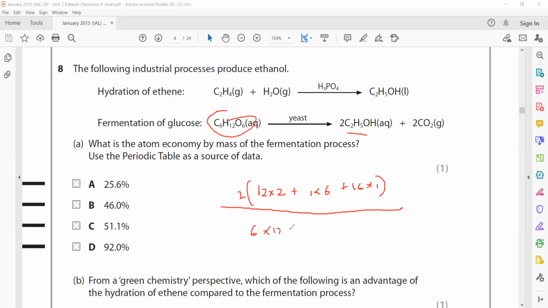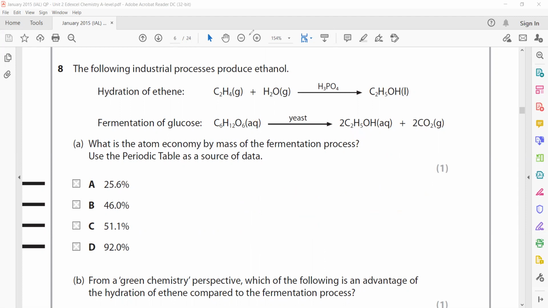So 6 multiplied by 12 plus 1 multiplied by 12 plus 6 multiplied by 16, and then times 100. So this will be about 51.1% atom economy by mass.